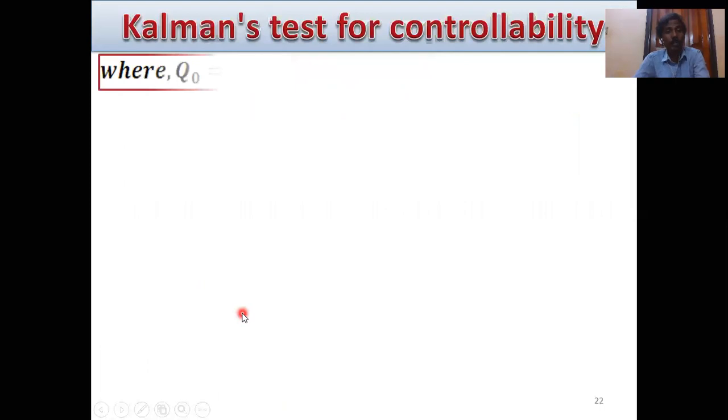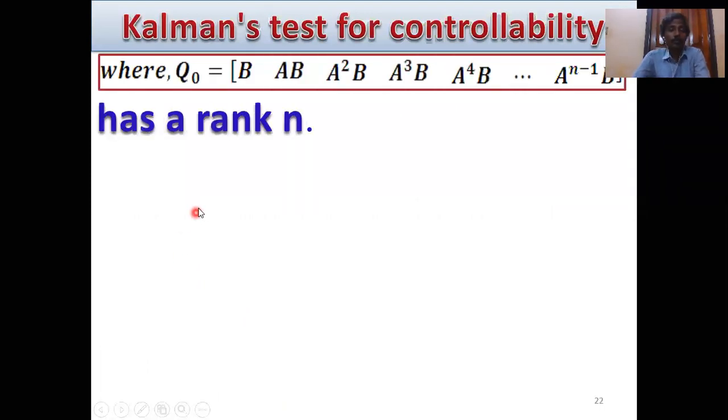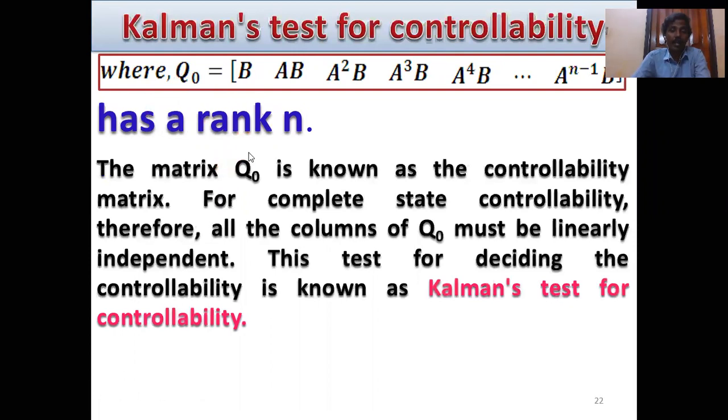This is very important. The matrix Q0 is known as the controllability matrix. For complete state controllability, all the columns of Q0 must be linearly independent.